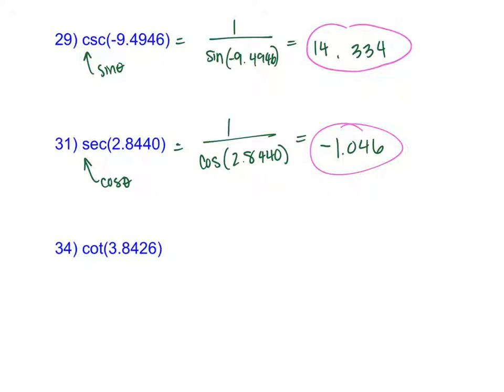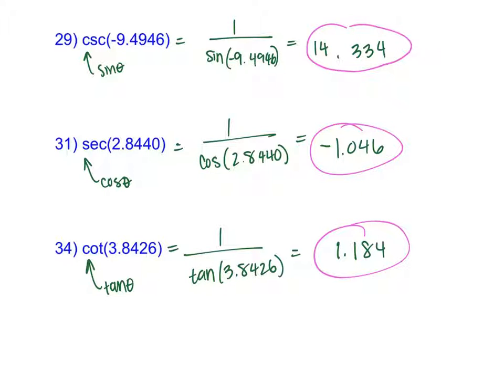And last but not least, we have cotangent, and cotangent's related to tangent. So using that formula from before, 1 over tangent 3.8426 is going to give you, let's see here, I'm typing this in, 1 divided by tangent 3.8426 is 1.184.